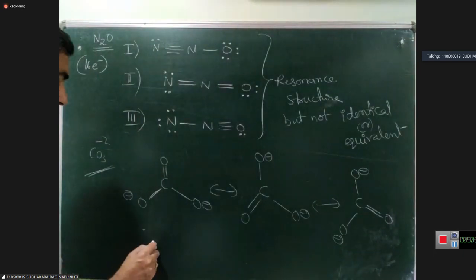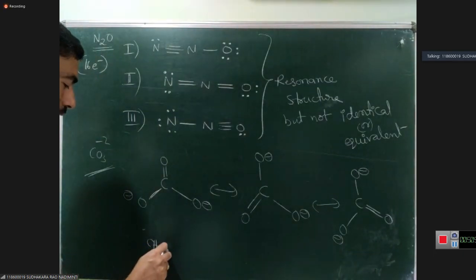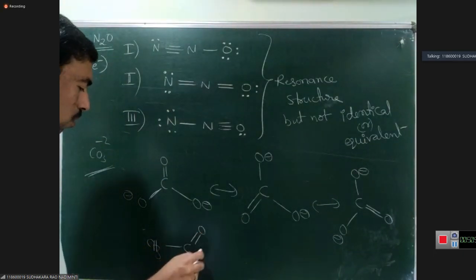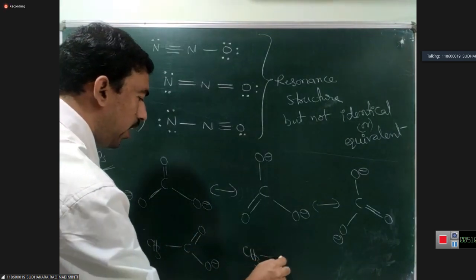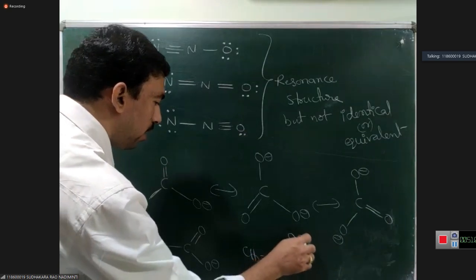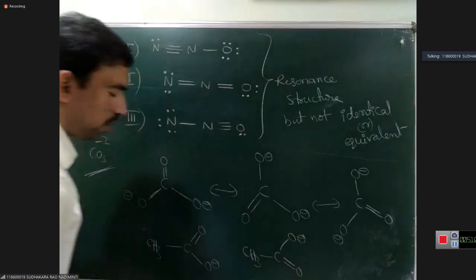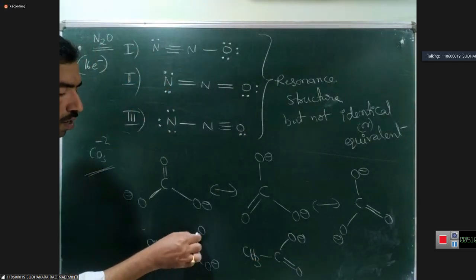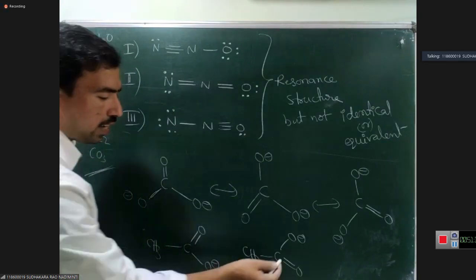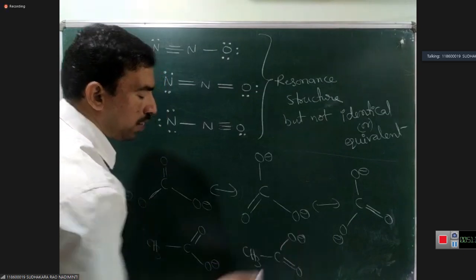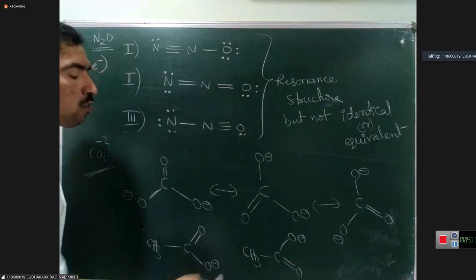Next one you see, CH3, C double bond O, O minus; CH3, C, O minus, double bond O. So these two also we can call as what?